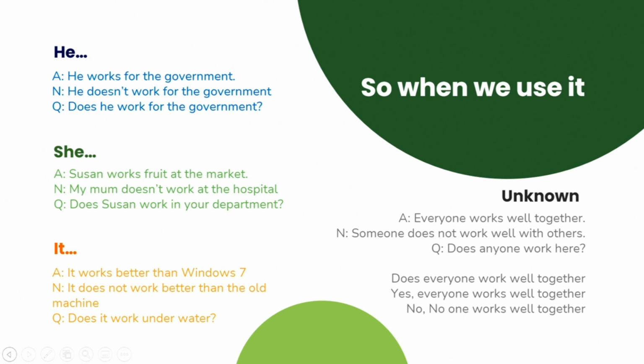Yes, everyone works well together. Normally we change the everyone. We could say, no, everyone does not work well together. But we normally change that to no, no one works well together. So you might see slightly different responses like that.